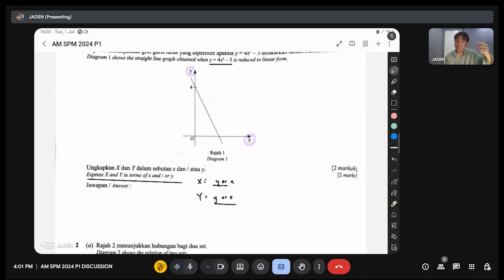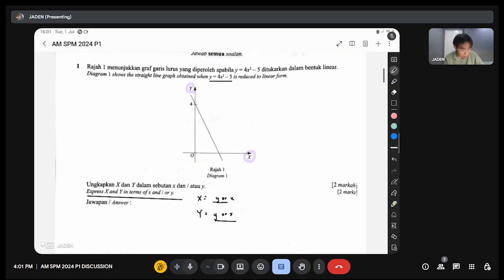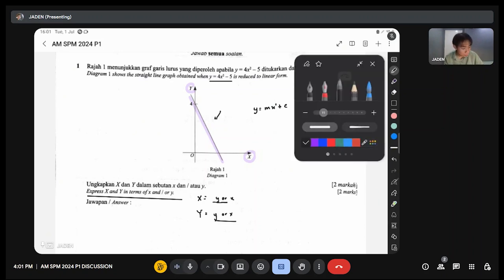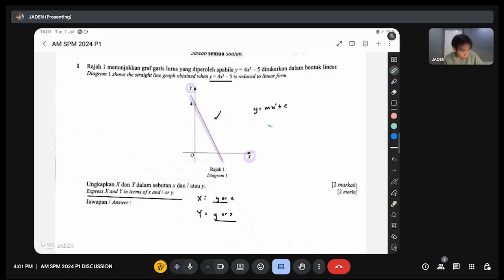Now the thing is, how do we get something similar to this diagram? This diagram shows a straight line. What do you understand about a straight line? Our equation is usually y equal to mx plus c, and the x is power 1. In this topic, we try to convert it into y equal to mx plus c.